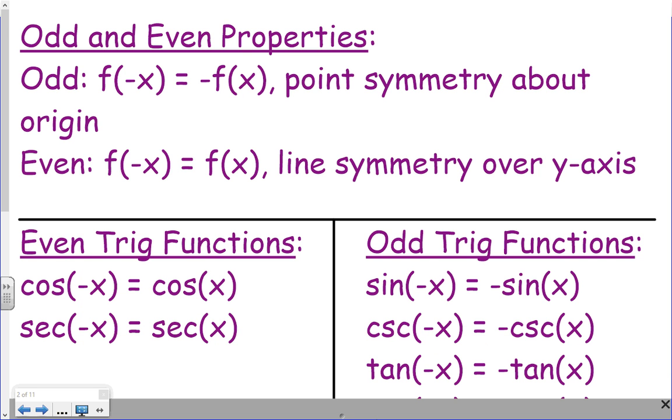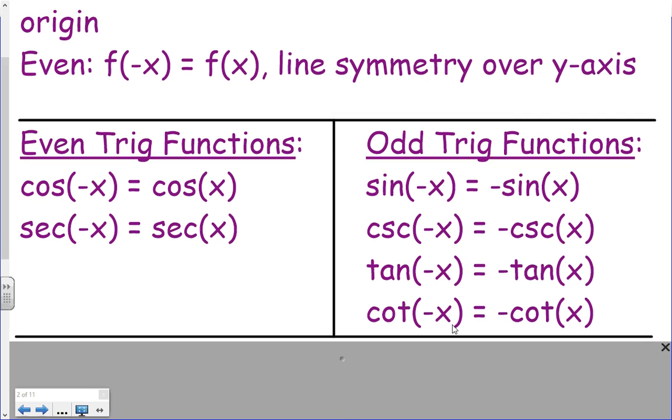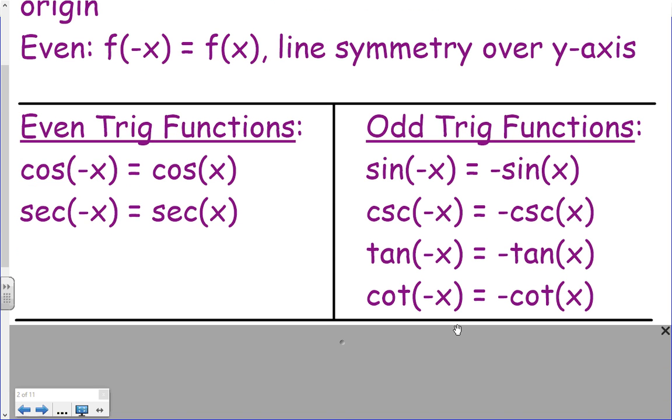When it comes to your trig functions, though, all 6 of them fall into one of these two categories. And it turns out that if a function is even, then its reciprocal is also going to be even, or if a function is odd, then its reciprocal is also going to be odd. So that's the reason why you see the two categories like you see here.